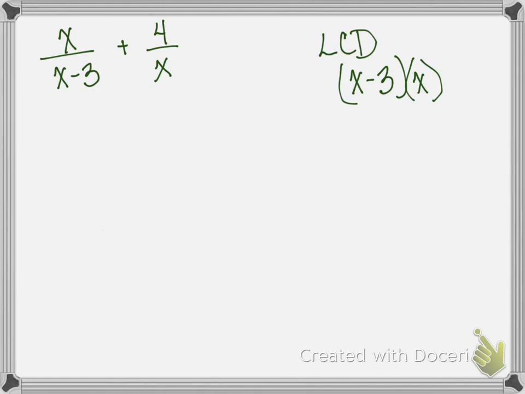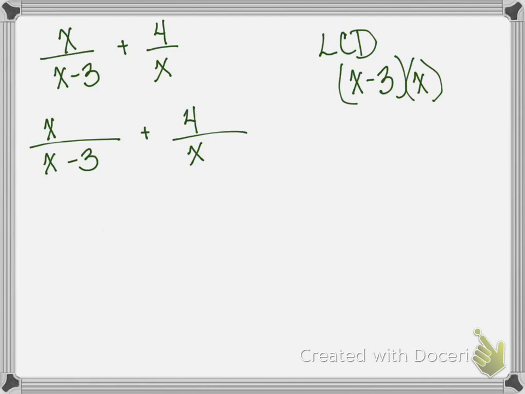Okay, so now I have x over x minus 3 plus 4 over x. What is missing in the first one? In the first one, you're fine. I'm not fine. X minus 3 and x are two different factors. So what do I have to put there?